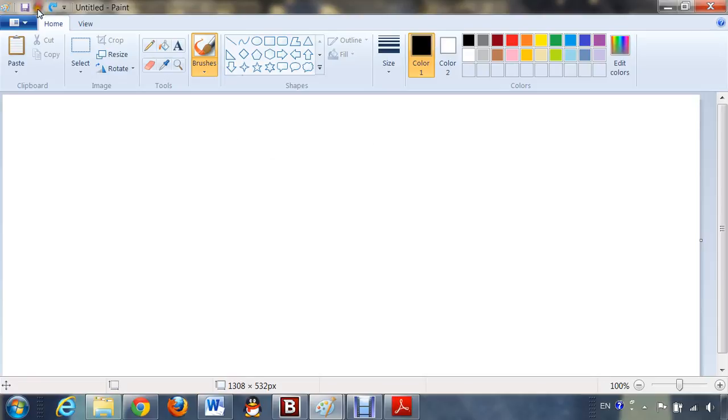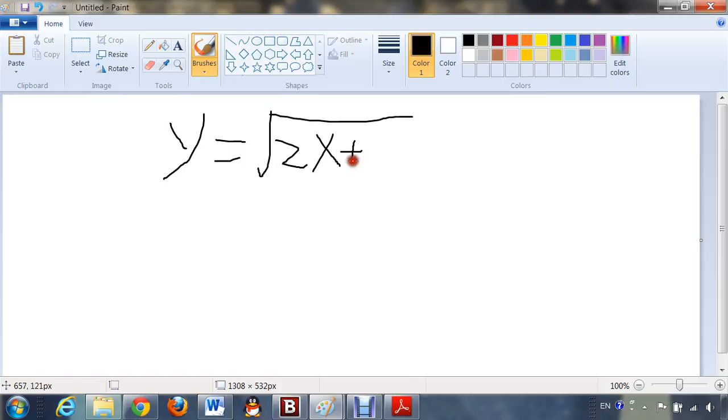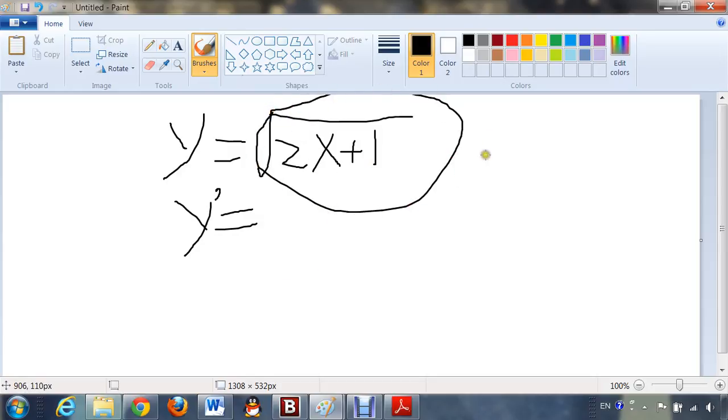Just like even when you have a more complicated form, in which you have to use the chain rule for two things. You take the derivative of y first, which is y prime, and then you take the derivative of this expression here, which you rewrite as 2x plus 1 to the 1/2 power.